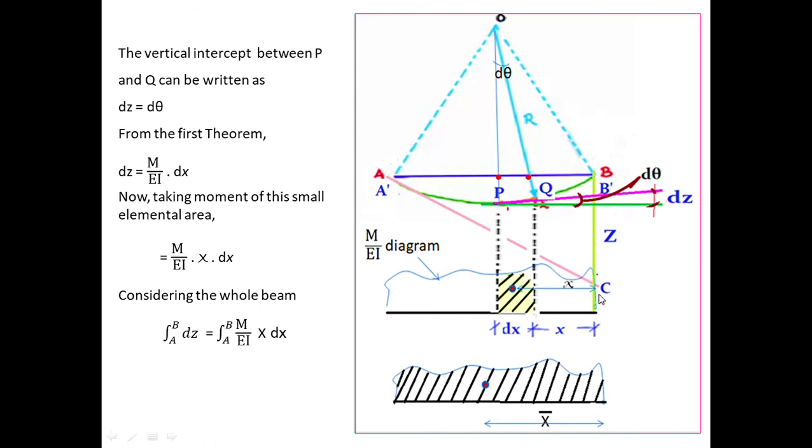Whenever we take a moment of a force, it is force into perpendicular distance. Similarly here, area moment, so that area into perpendicular distance. The perpendicular distance is nothing but the centroidal distance.